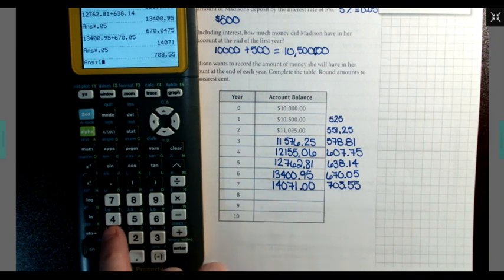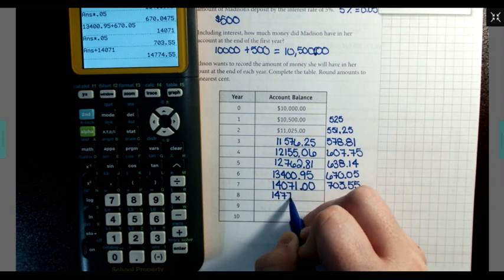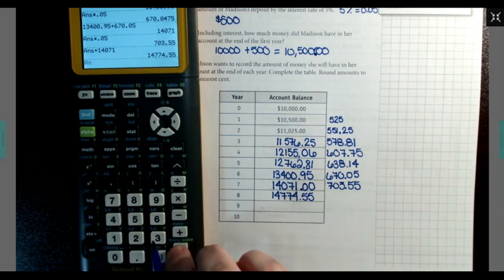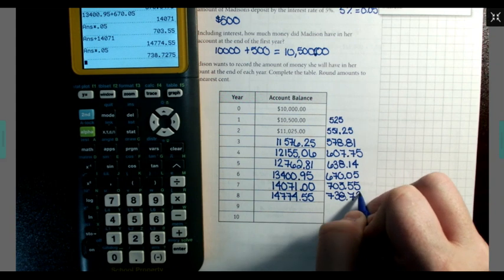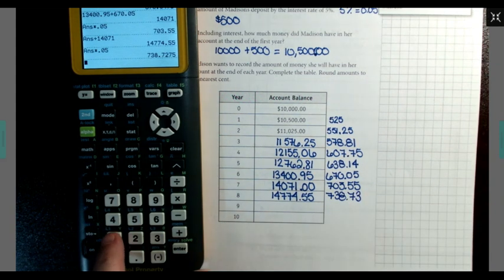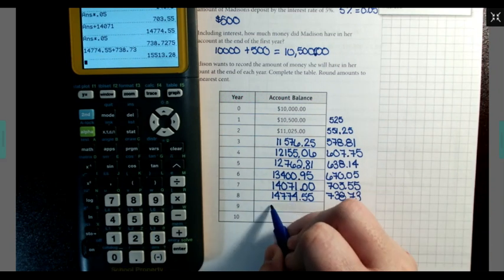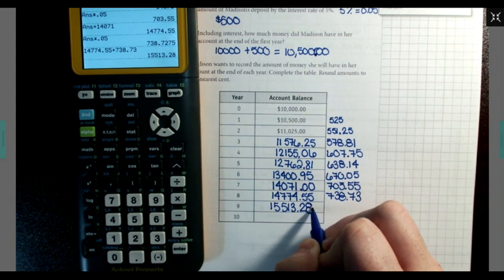I take that and I add it to the 14,071. So now I have $14,774.55. We multiply that by our 0.05. We have $738.73 interest for the year. We take the $14,774.55 and add the $738.73 interest, and we get $15,513.28.